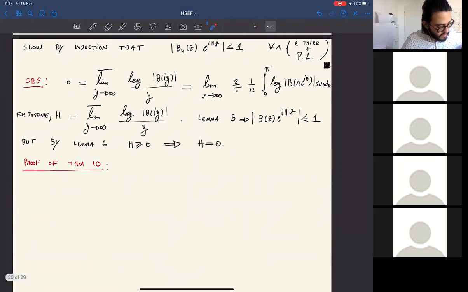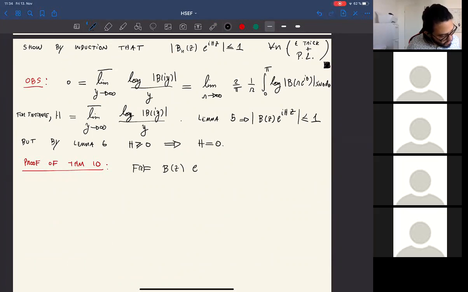So let's prove that. Let's deal with the limit in the imaginary axis first. So F is B(z)e^{...}, wait, just a minute.